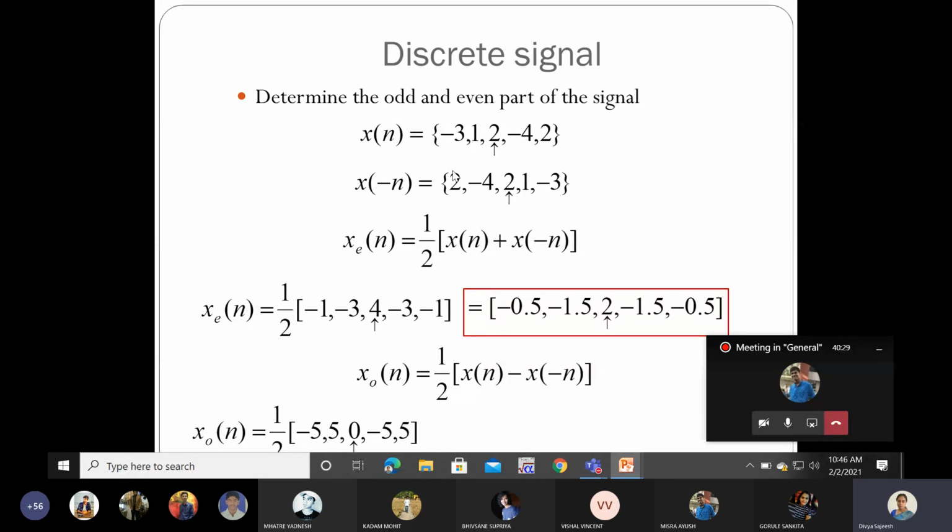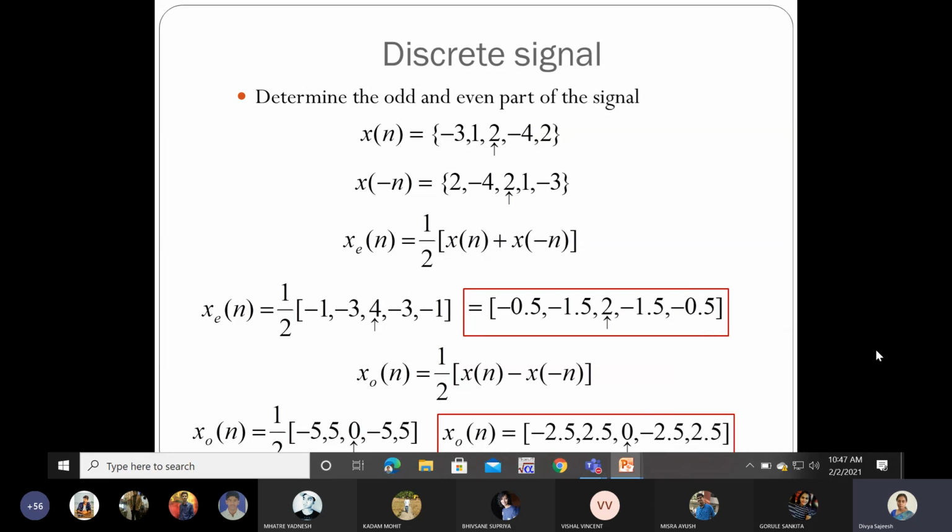Then 1 minus of minus 4, again 5. 2 minus 2 is 0. Then minus 4 minus 1 is minus 5. Then 2 minus of minus 3 is 5. So taking half inside, you are getting minus 2.5, 2.5, 0, minus 2.5 and 2.5.